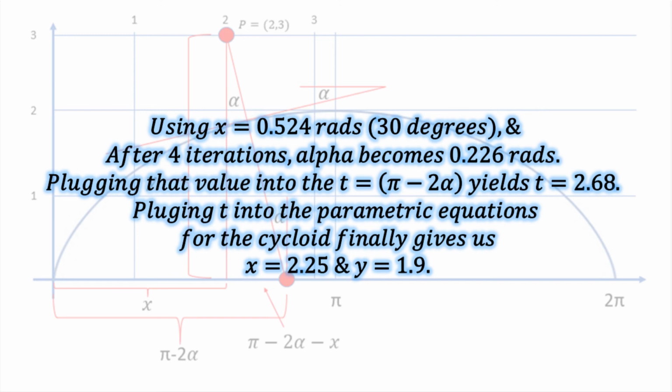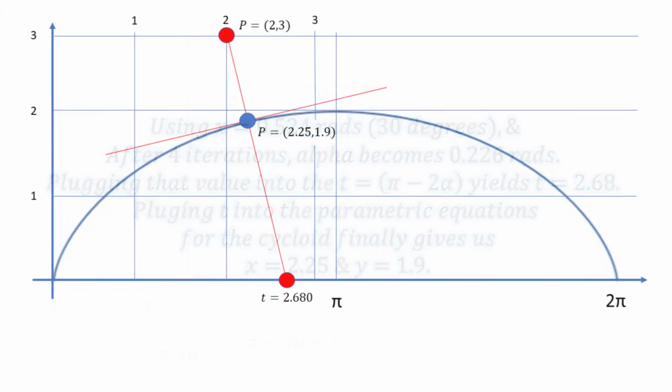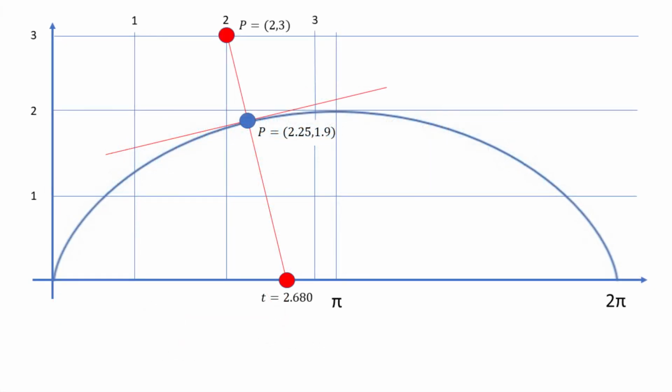Now plugging t into the parametric equations for the cycloid, which can be found anywhere online, finally gives us x equals 2.25 and y equals 1.9. So if we take a look at our picture, that gives us our p value, the blue circle. That's exactly the point where pt intersects the tangent of the cycloid.